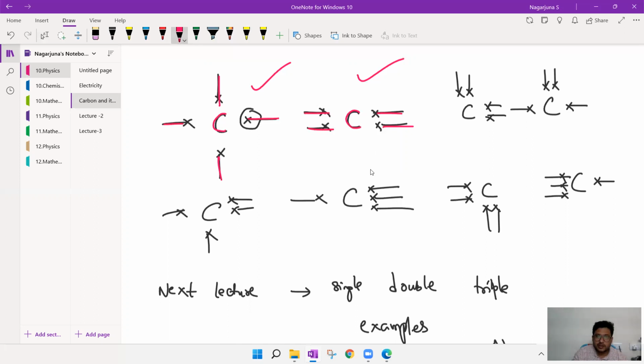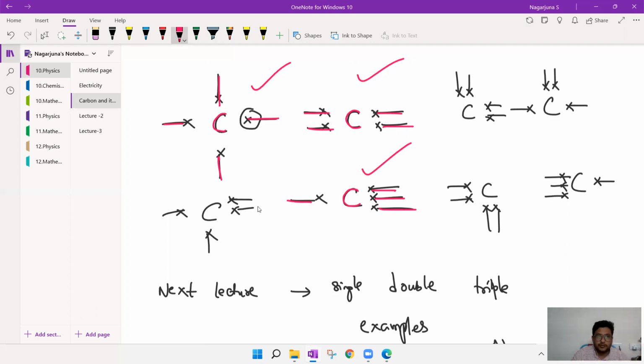In this diagram, carbon with 1 triple bond and 1 double bond. So by this, what we can learn is that carbon can have single bonds between carbon, double bonds between carbon, and triple bonds between carbon.